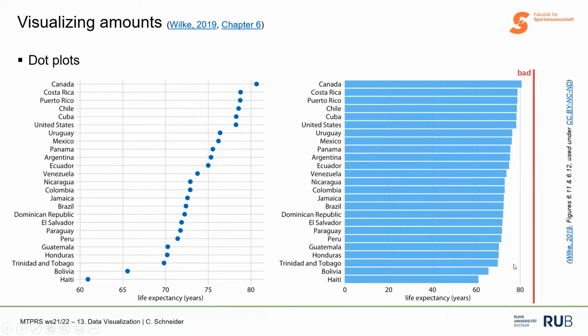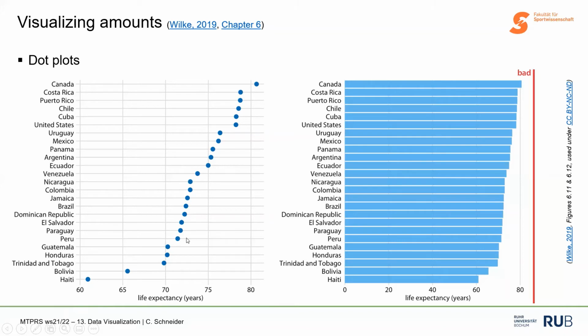And in this case, for example, it appears that countries have quite similar life expectancy because the difference between countries is very small. But if we look at the left-hand figure, which is probably the more informative one, because average life expectancy is never lower than 60 years, it's probably better to cut the axis to the range where all the information is displayed.